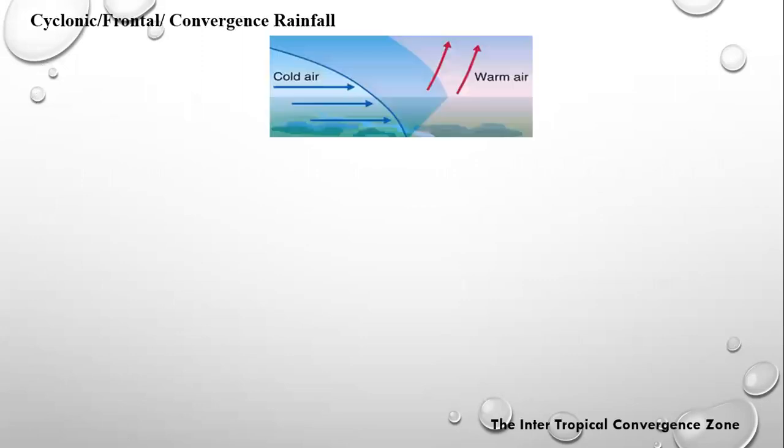Now, like I earlier said, when cold air is moving from one end and meets up with warm air, the warm air is forced to rise up and cold air remains closer to the ground.